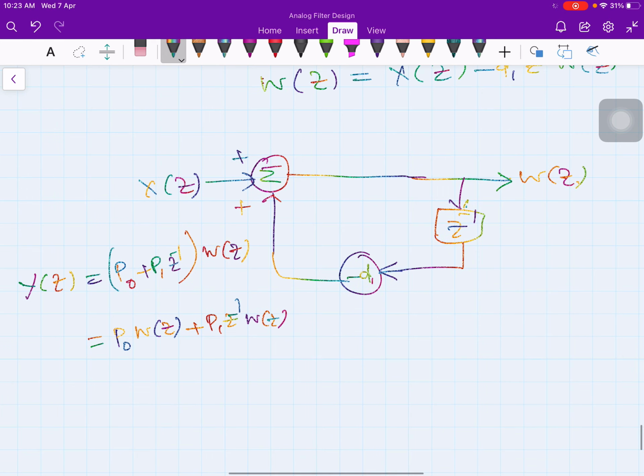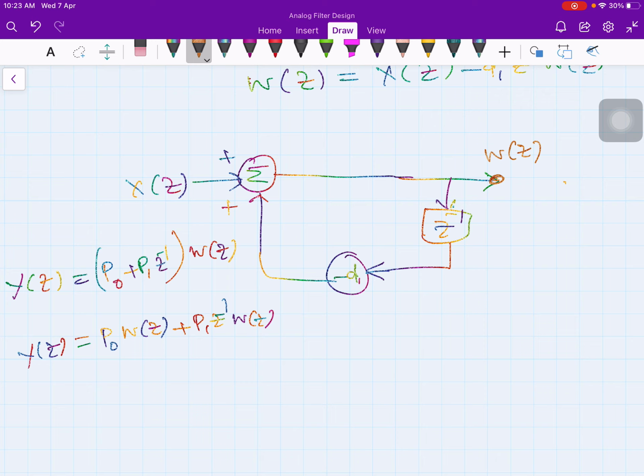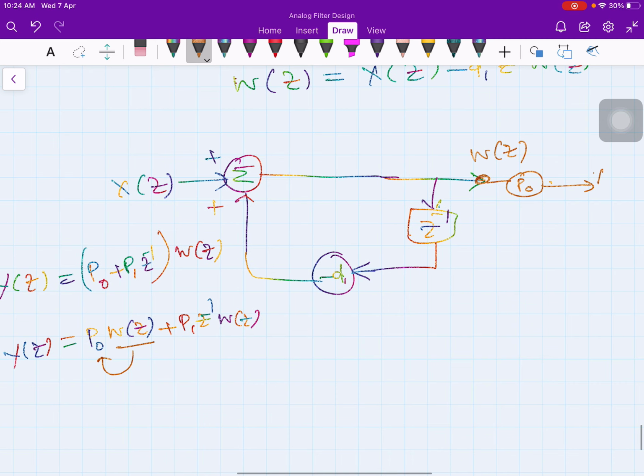This is my Y of z. So this figure you can simply extend. In this point I have W of z, but what I want for Y of z is I should multiply W of z by p naught. So you put a multiplier here, p naught.